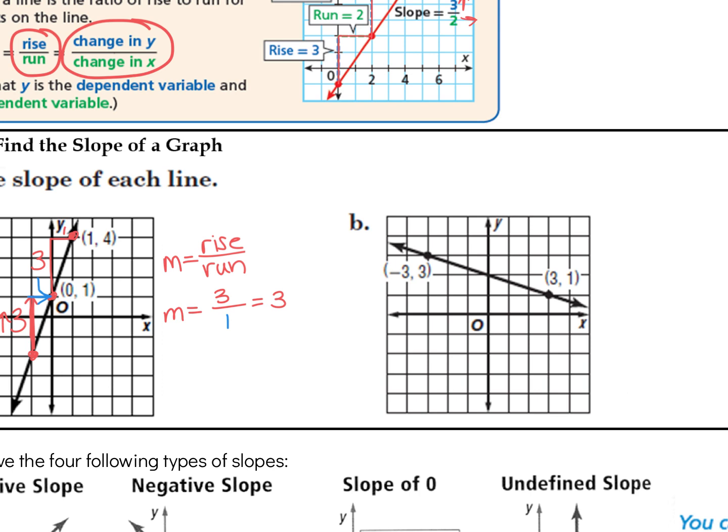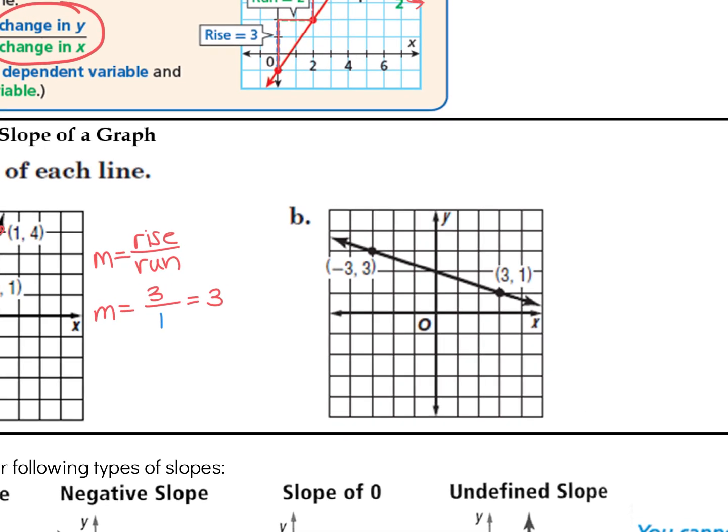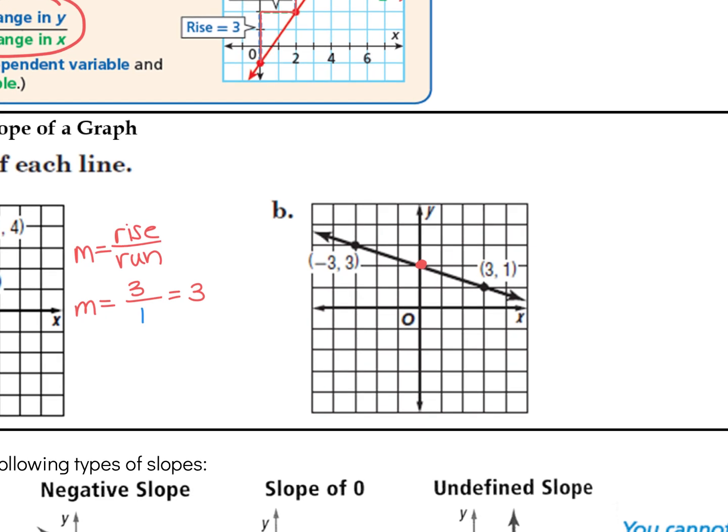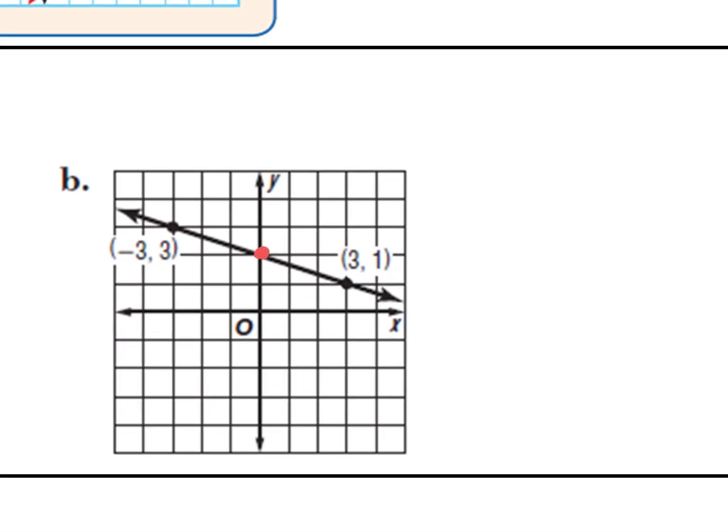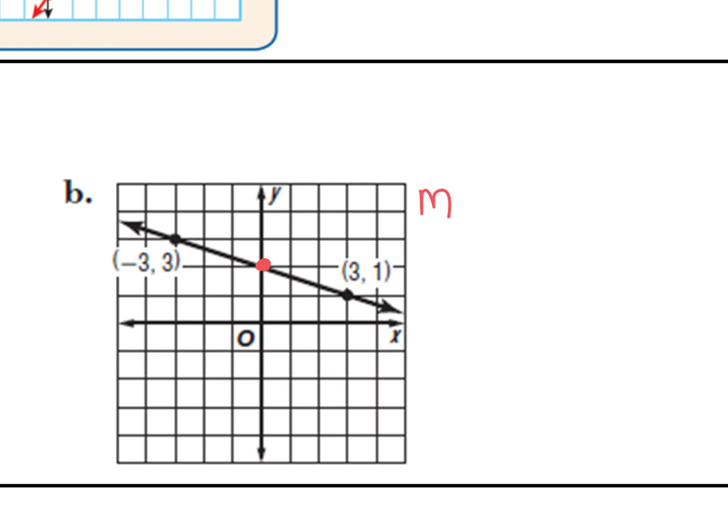For letter B, there is a nice point in the middle if you want to make that a stopping point, or you could use the 2 that are there and then simplify. That is up to you. So my slope m is equal to rise over run. First, I'm going to do that without that nice point in the middle, just to see how you can simplify these.